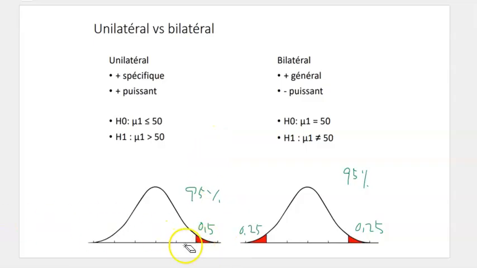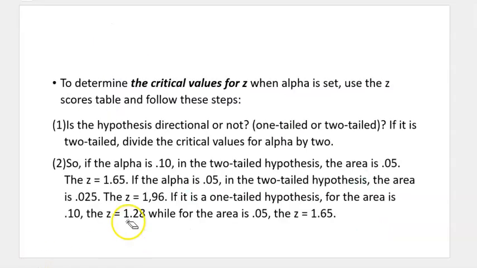So if you split it into two parts, that will be the Z score 1.96. But if you give the whole 5% to only the one part, that becomes 1.65.